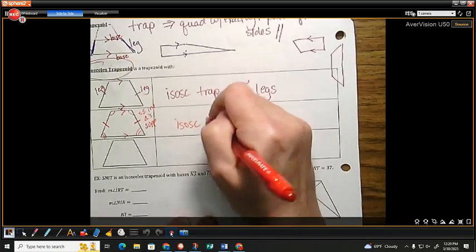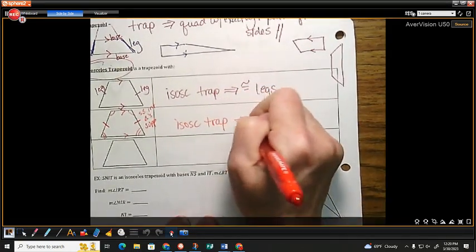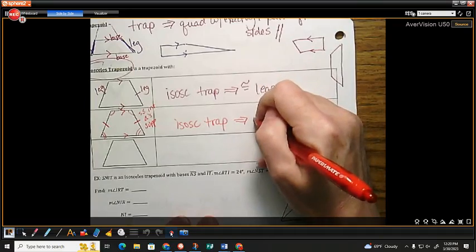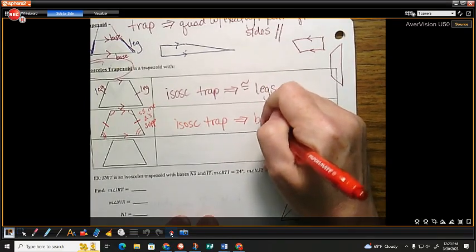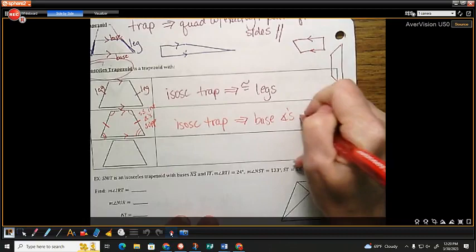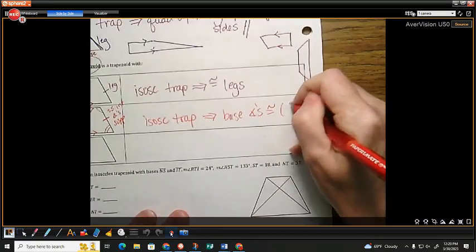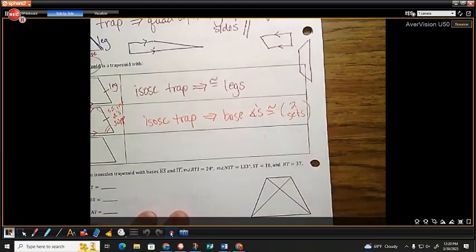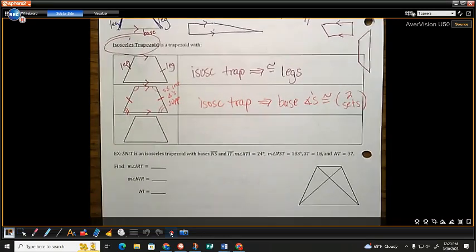So in an isosceles trapezoid, you've got base angles congruent, and that's going to be two sets of them. Both sets will do that in an isosceles trapezoid. I know, your mind is blown.